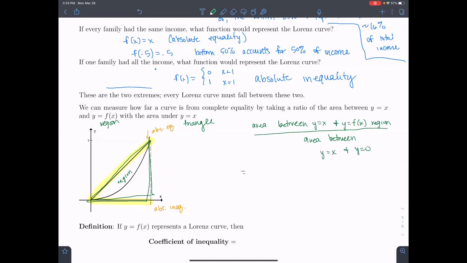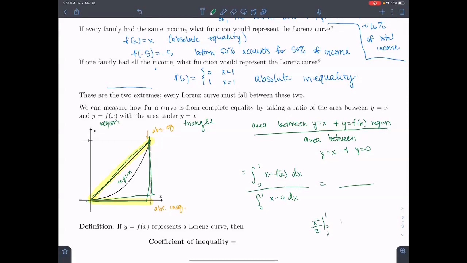So this would be equal to the integral from 0 to 1 of x minus f of x dx, top minus bottom, over the integral from 0 to 1 of x minus 0 dx. The bottom here would be x squared over 2 when you take that integral, evaluated from 0 to 1.